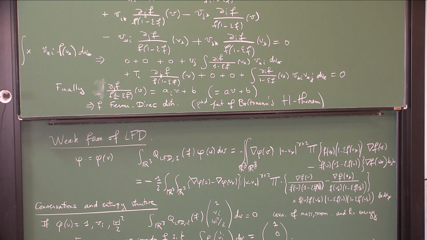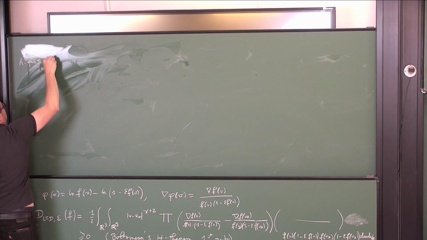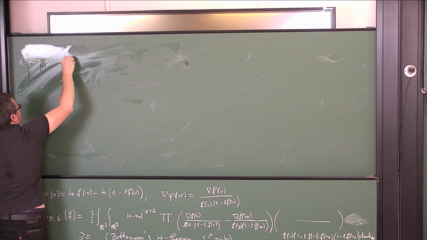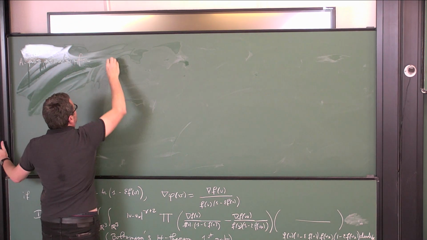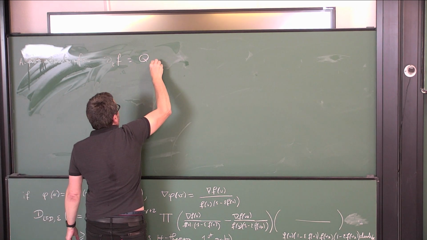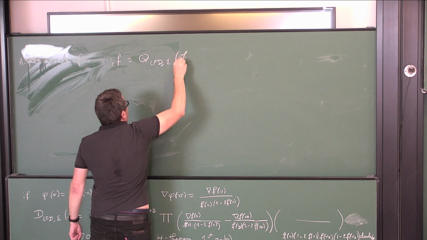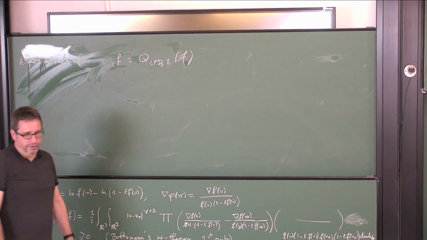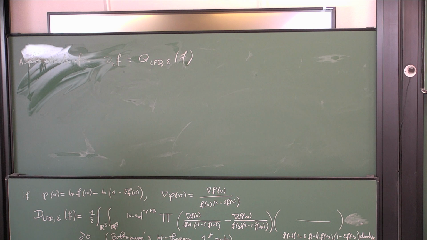So now let's see what are the natural a priori estimates for the equation d_t f is equal to Q_LFD,epsilon of f. So you look at the evolution equation, sometimes called the spatially homogeneous Landau Fermi-Dirac equation, and you wonder what are the good a priori estimates.